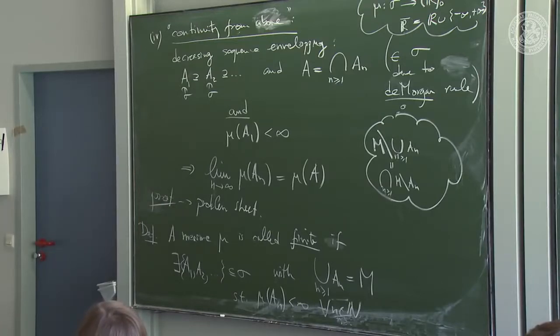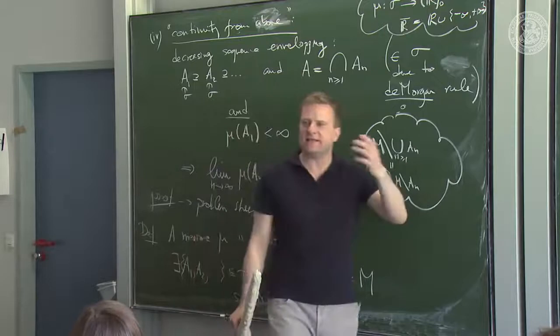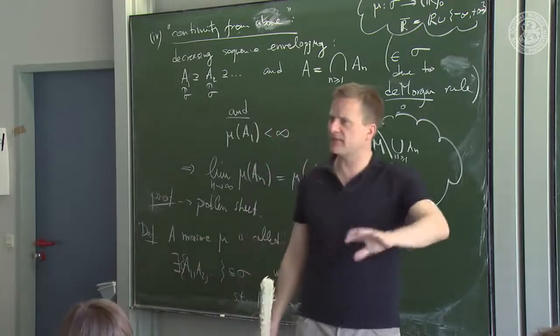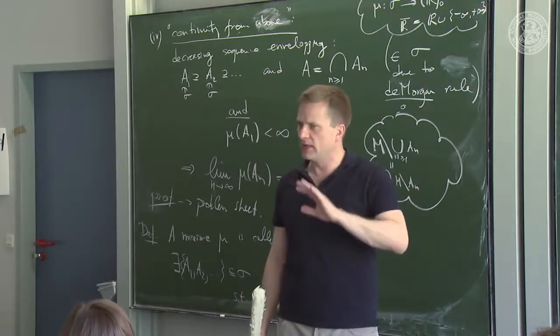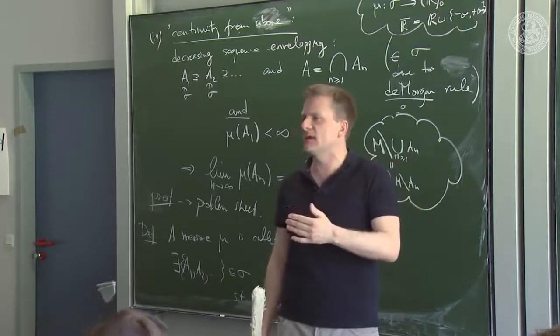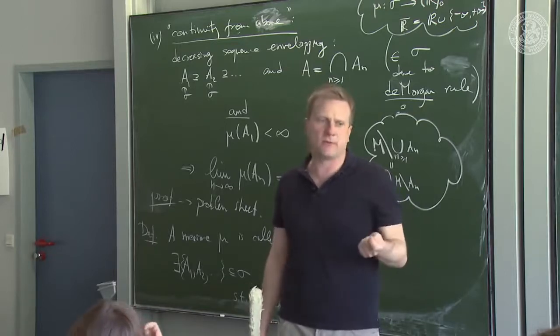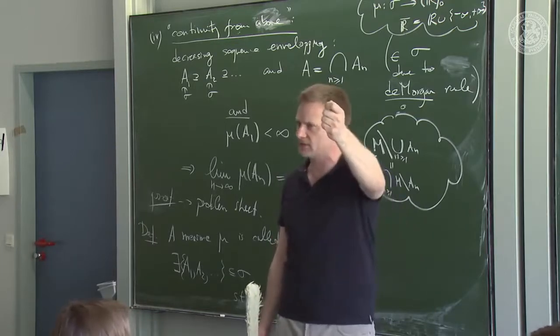Are there any questions so far? So we start with a set. We make a selection of subsets which we call measurable, and in order for our theorems to work, they need to satisfy certain conditions. Basic idea is not every subset can meaningfully be called a measurable set for our purposes.